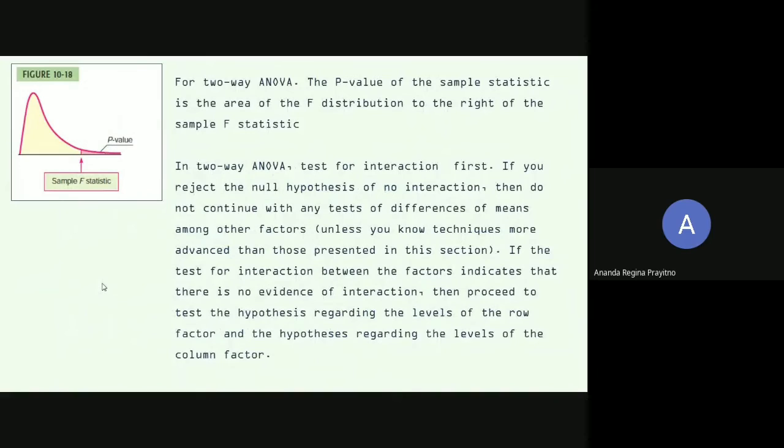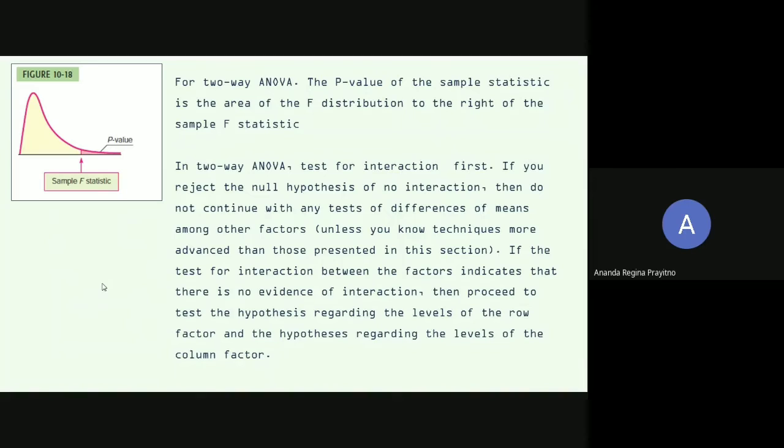This is Figure 10-18. For two-way ANOVA, the p-value of the sample statistic is the area of the F distribution to the right of the sample F statistic. In two-way ANOVA, test for interaction first. If you reject the null hypothesis of no interaction, then do not continue with any test of difference of means among other factors, unless you know techniques more advanced than those presented in this section.